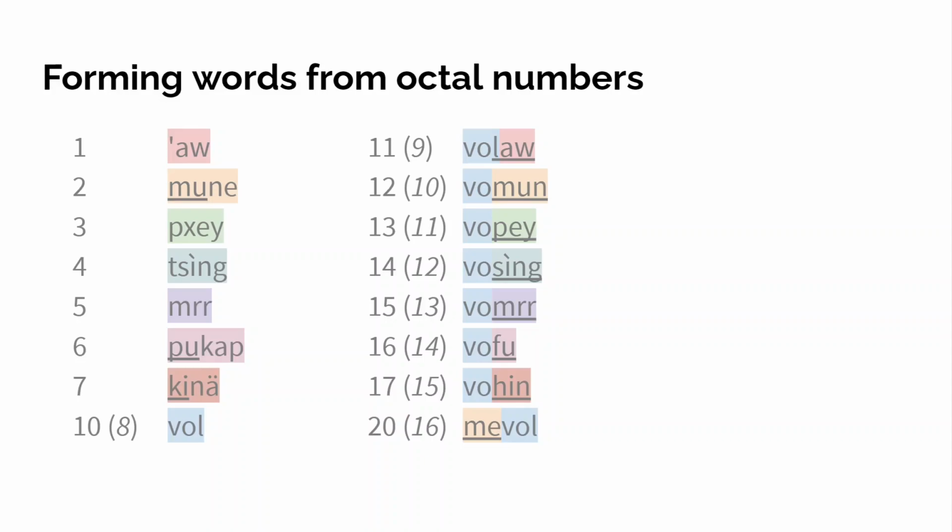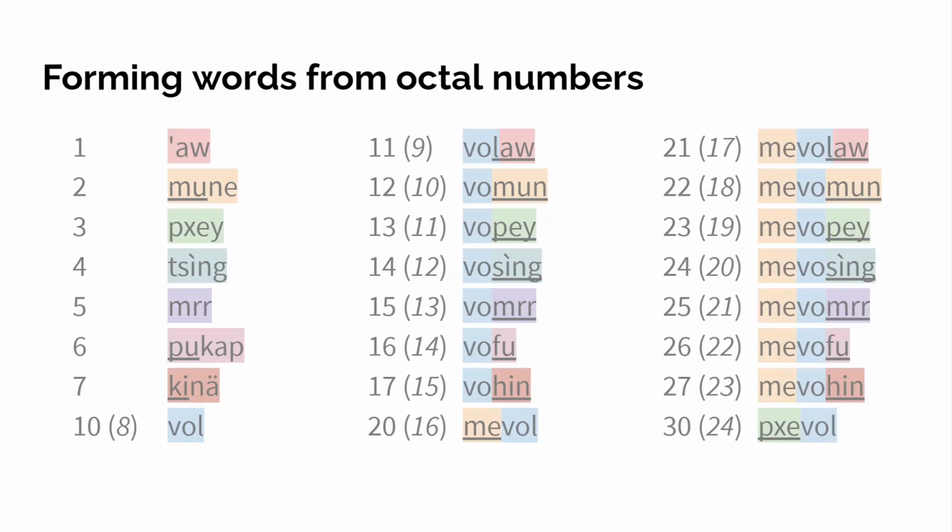We continue exactly like this. So mevolau, 2 times 8 plus 1. Mevomoon, 2 times 8 plus 2, so 18, or in octal 22. Mevopei, 2 times 8 plus 3, so 19, or in octal number 23. Mevosing, mevomr, mevofu, mevohin.